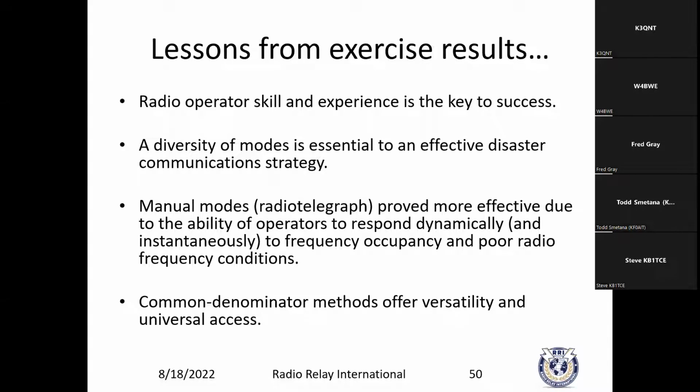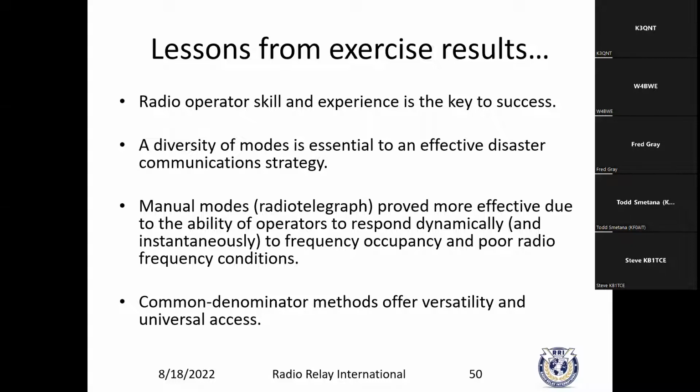Let's talk a little bit about lessons from the exercise. First and foremost, and I've seen this in lots of exercises that I've designed, not just radio communications things, but bioterrorism exercises, counterterrorism exercises, other types of disaster exercises: skill and experience is the key to success, and certainly is for radio operators.